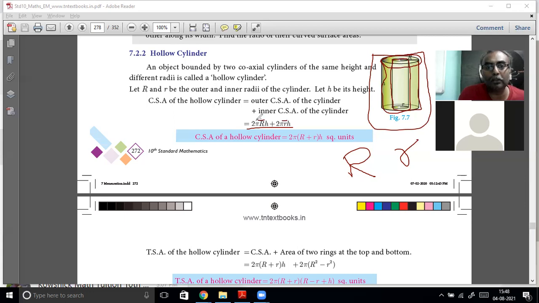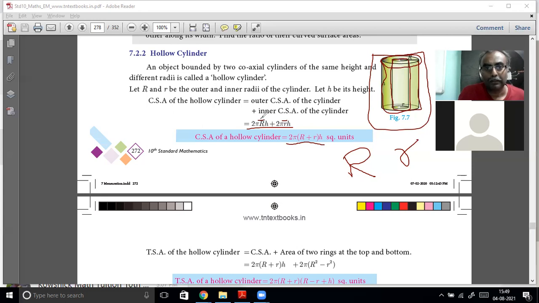What is common? 2 pi H is common to both. So 2 pi is in front, R plus r in brackets, and H at the back. Very simple formula.